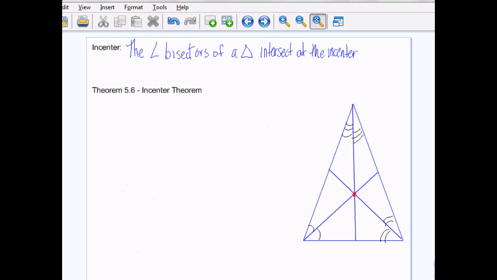If you have the three angle bisectors in a triangle, they will always hit at a point, the concurrent lines, right? So I bisect each angle and I meet at a point called the incenter. Now the incenter will always be inside the triangle because I'm bisecting the angles, right? So I'm always inside the angle, which means I have to be inside the triangle. And the incenter is equidistant from each side of the triangle.